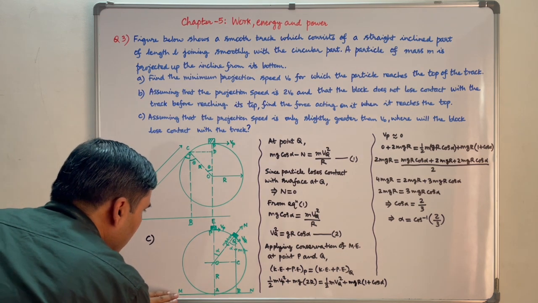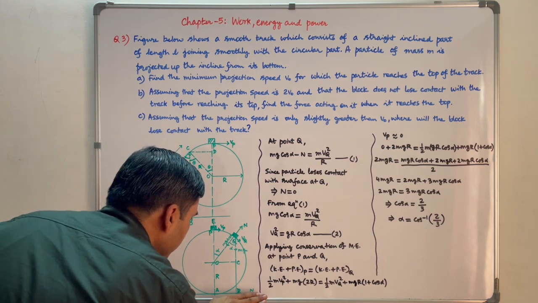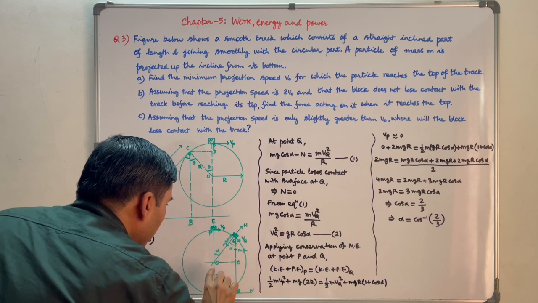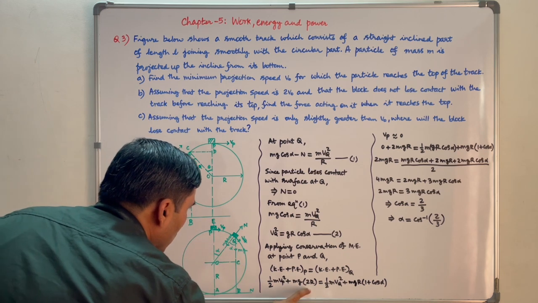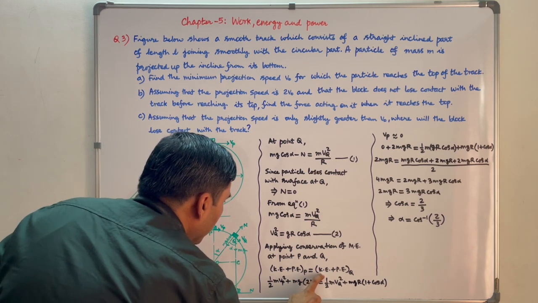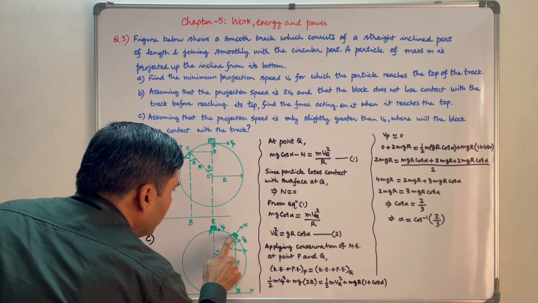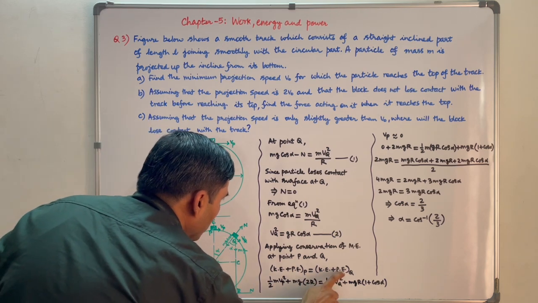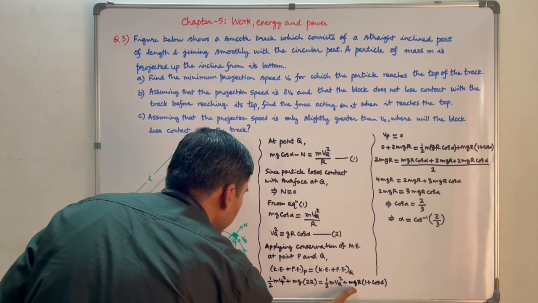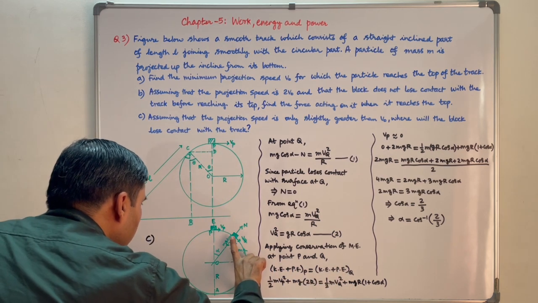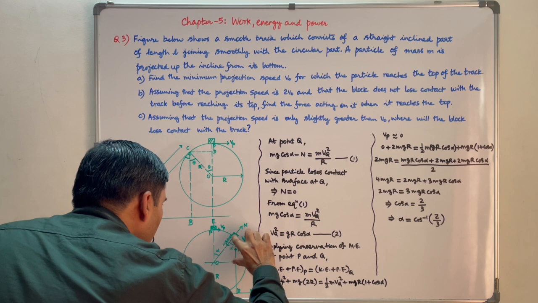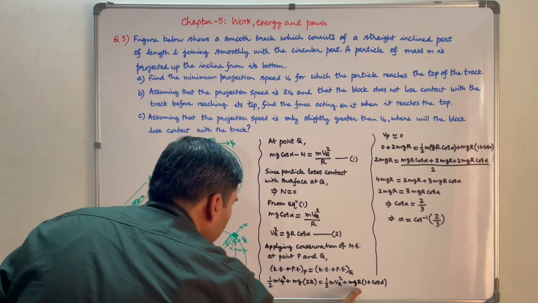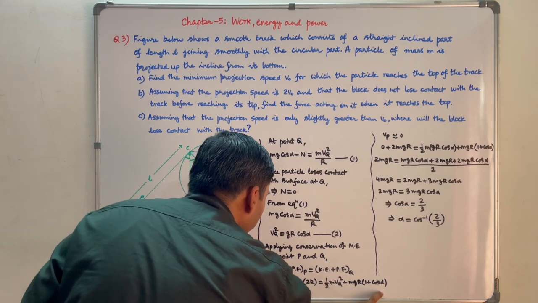Suppose we are taking line MN as reference. So this height will be R plus R, that is 2R. Kinetic energy of the particle at point Q is half m Vq square, and potential energy will be mg into this height, and this height is R plus R cos alpha, that is R into (1 plus cos alpha).